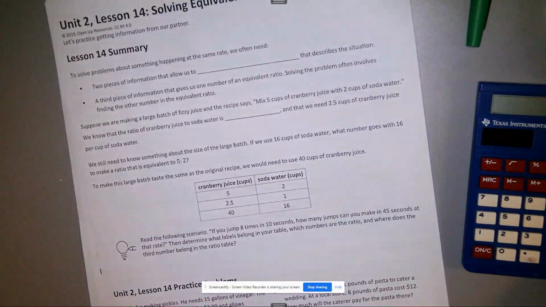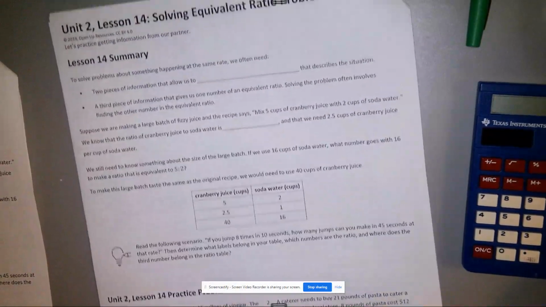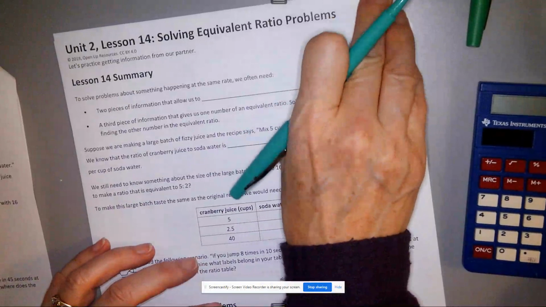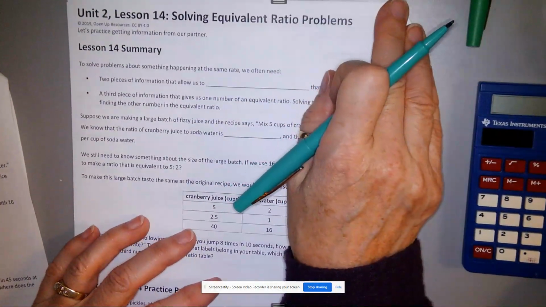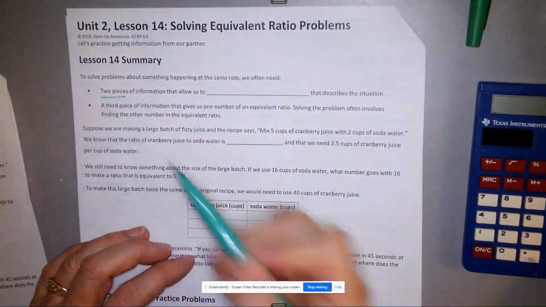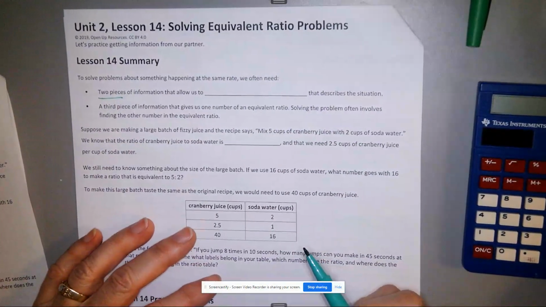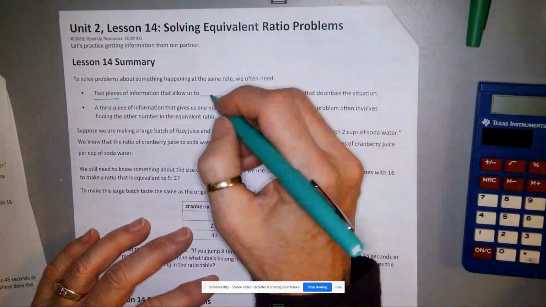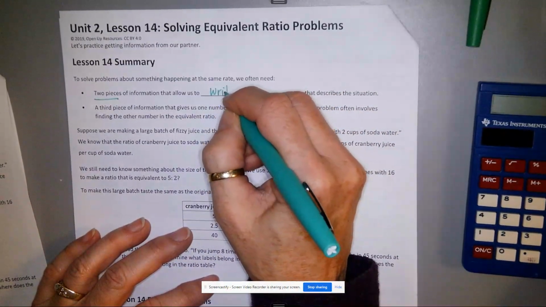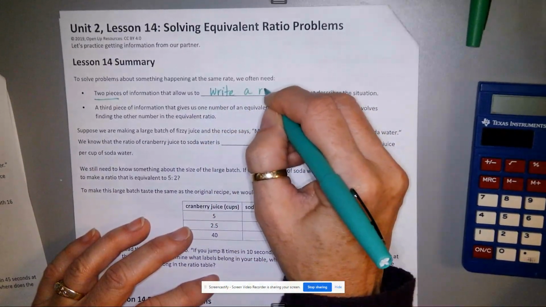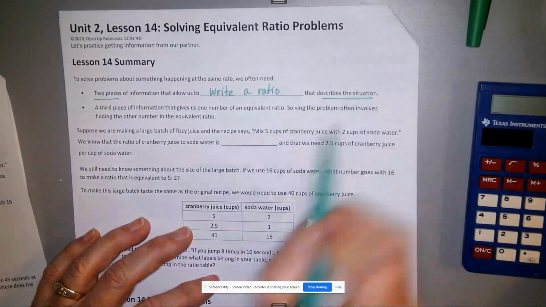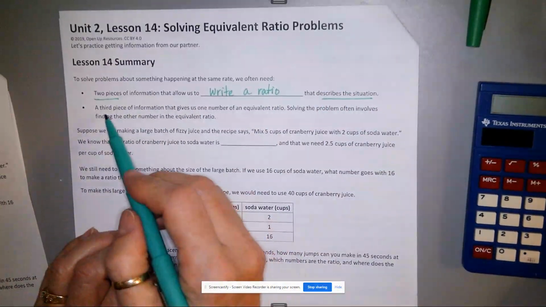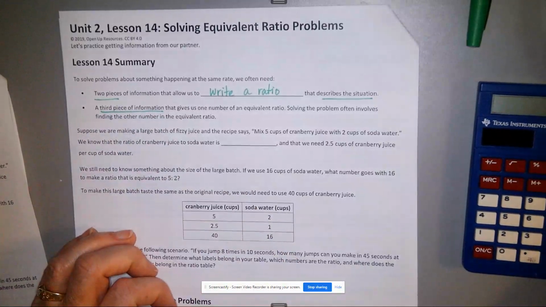All right, lesson 14. When we have something happening at the same rate, first, we need our two pieces of information, which help us to write a ratio that describes the situation. We also need that third piece of information.